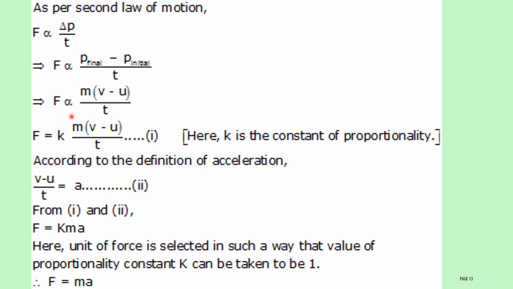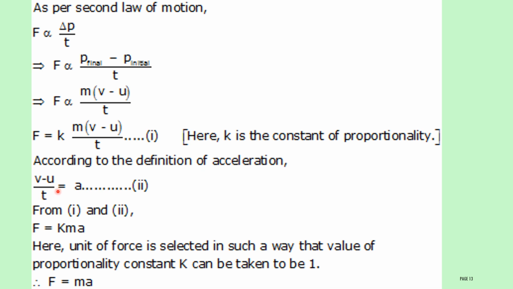To remove this proportionality, put a proportionality constant here. Here k is the constant of proportionality. F is equal to k into m into (V minus U) divided by t. According to the definition of acceleration, acceleration is nothing but change in velocity divided by time, that is final velocity minus initial velocity divided by t.